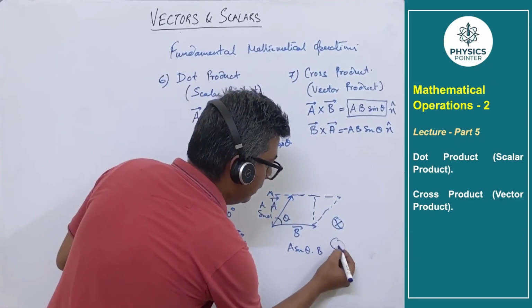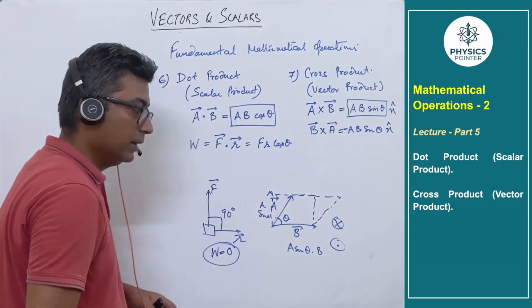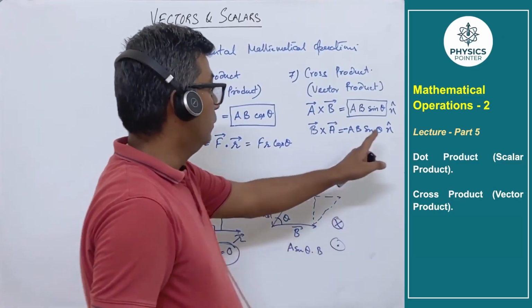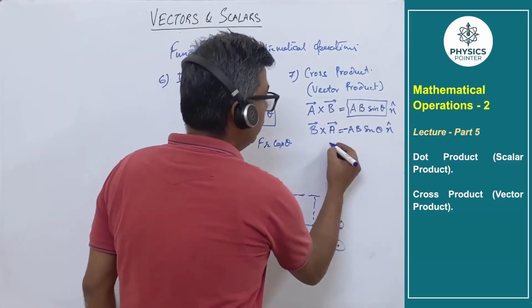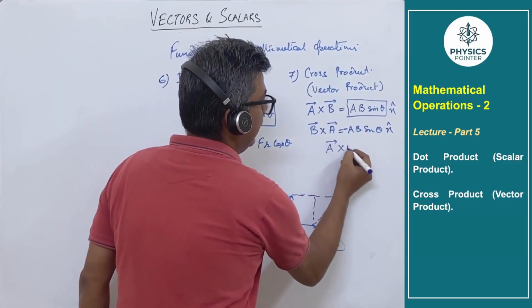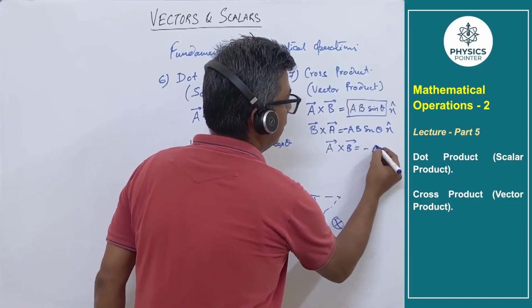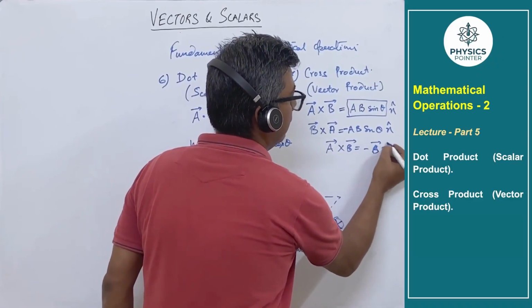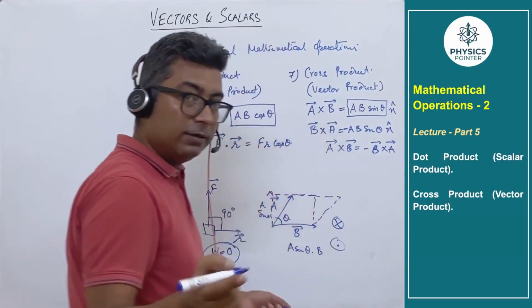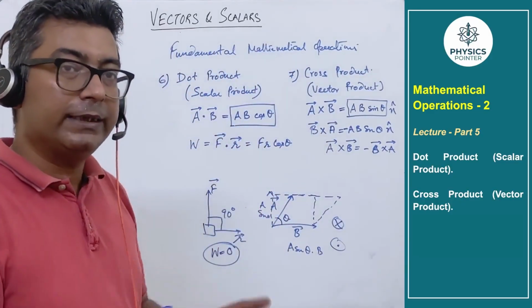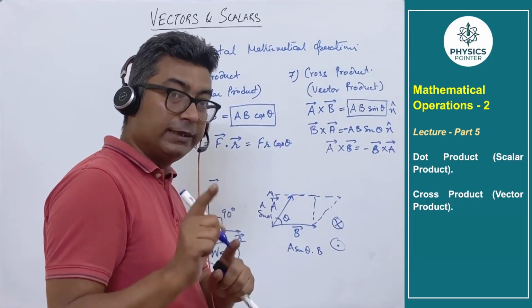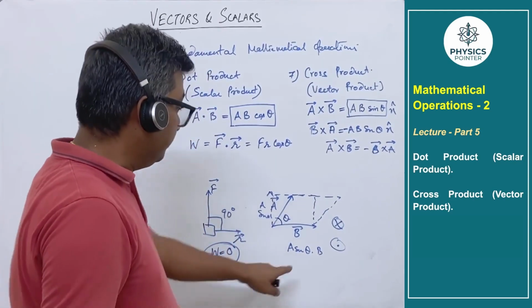That means the direction is pointing outwards. So we can simply say that A cross B is equal to negative of B cross A. The magnitude is the same, only the direction changes, and it is the direction of the normal vector.